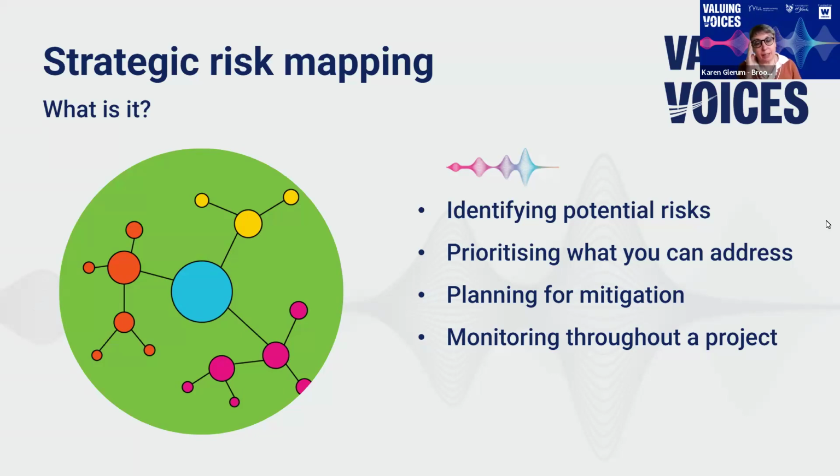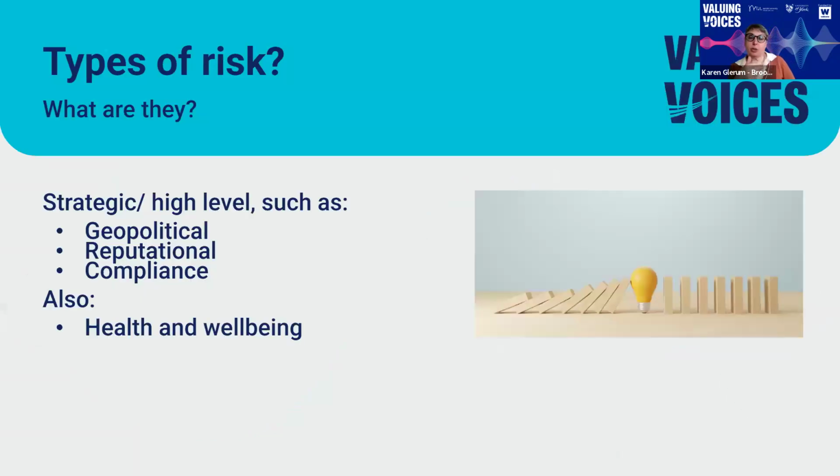So within this context, we have defined the types of risks. They're mostly high-level strategic risks, such as geopolitical risks. What if there's a change in power, as we can all think of examples from in certain countries, which also comes with a change in how research can be conducted.